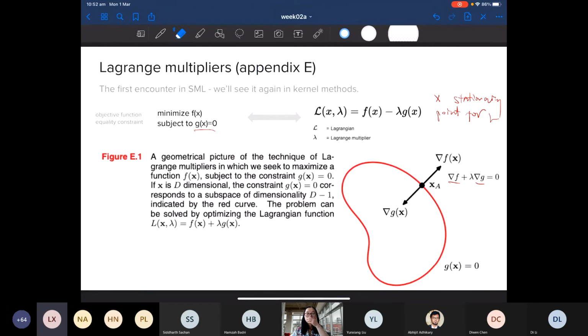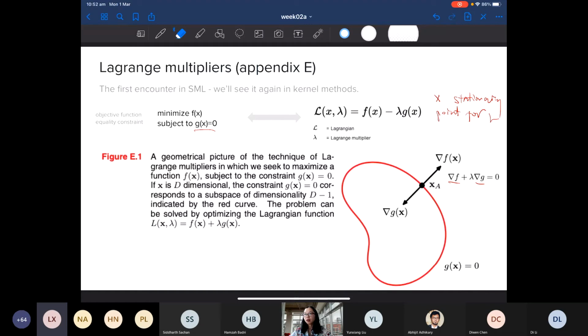So the gradient of g is orthogonal to the surface, right? Because the surface is g of x equals 0. If the gradient is not orthogonal to the surface, then if we move along the surface, the value of g does not change.